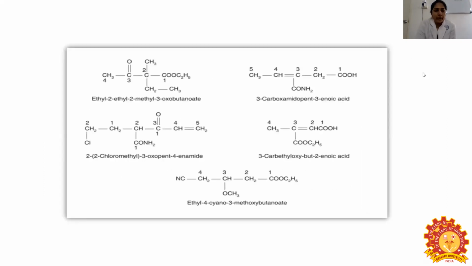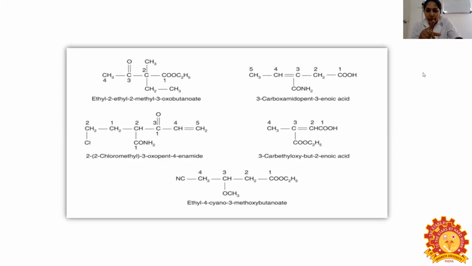So here we are getting some examples: 1, 2, 3, 4. Second position ethyl, so 2-ethyl, and then 2-methyl, and then 3-oxobutanoate. Here 3-carboxamido pent-3-enoic acid.